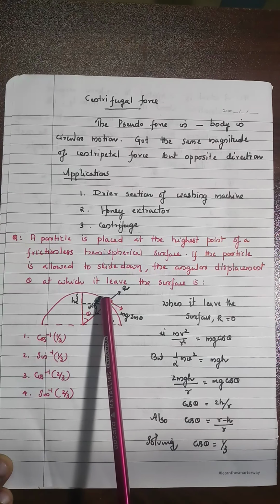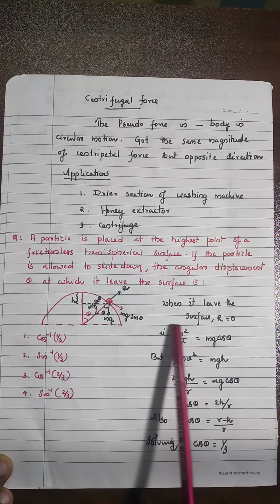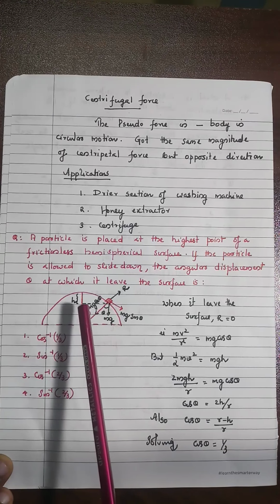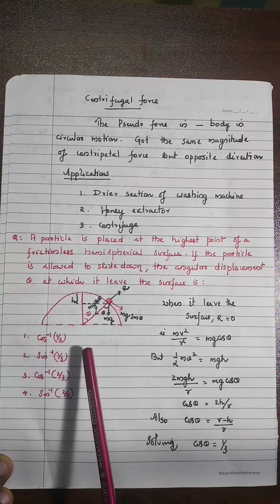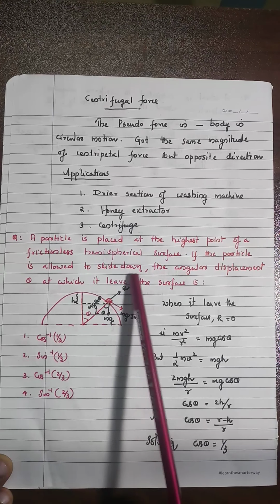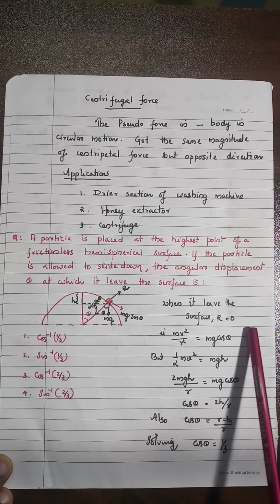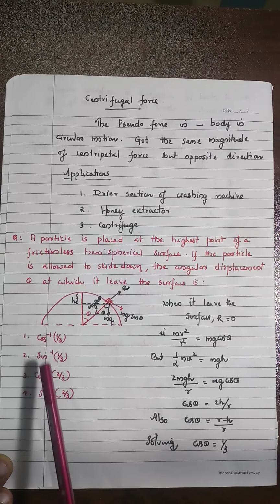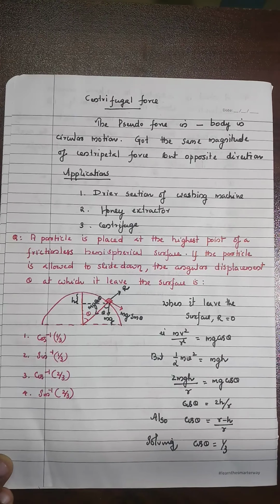So at any point, we can write the equation of motion. Here, the centripetal force m v square by r is given by the component of weight, mg cos theta, reduced by the normal reaction. So m v square by r equals mg cos theta minus R. But when it leaves the surface, the reaction becomes 0, and hence m v square by r equals mg cos theta.